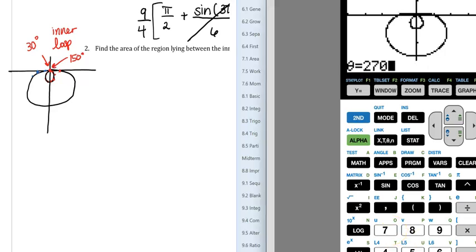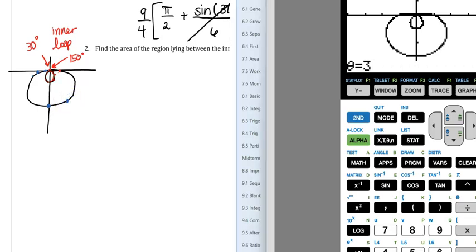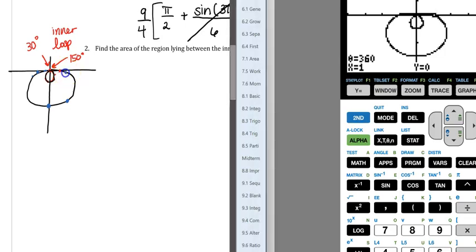I'll jump to 270 degrees. Oh, 270 degrees, I'm down here. Let's see where we are with 310 degrees. We're over here. Let's see where 360 takes us. Takes us to 1, 0. We're not all the way back around yet.